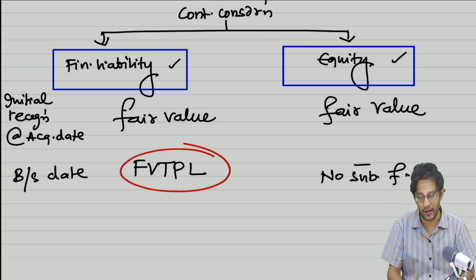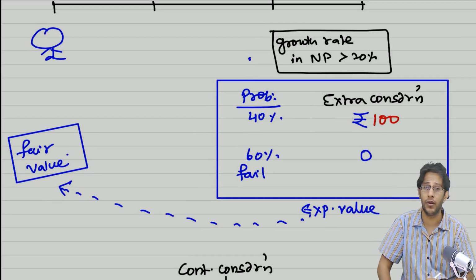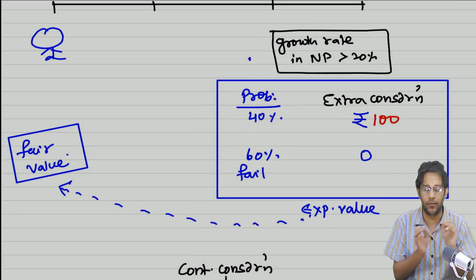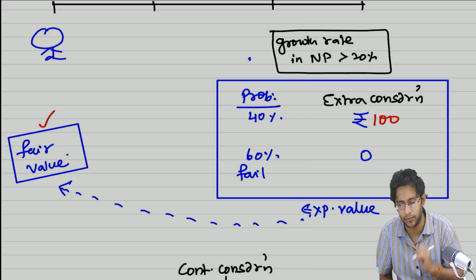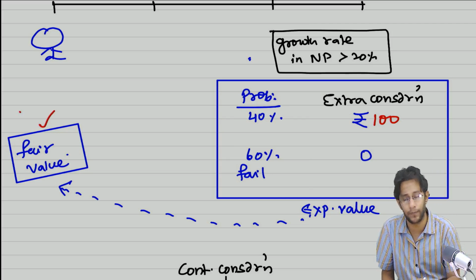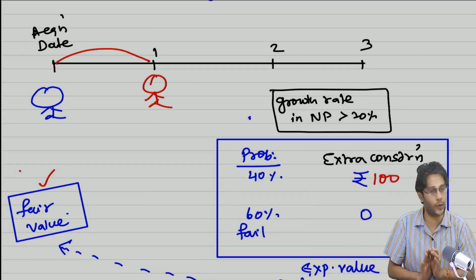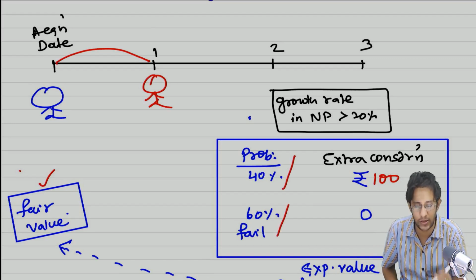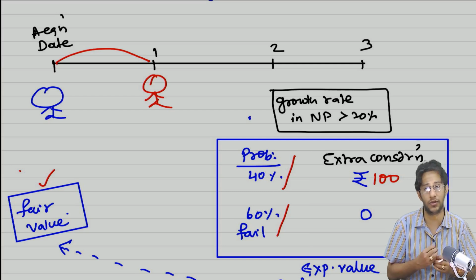That means what, sir? Suppose you promise to pay 100 lakh rupees. 100 lakhs into 40% plus 0 into 60%, expected value discounted to today, some number will come. This will be your liability today. After 1 year, one balance sheet date, now we are standing here. When you are standing after 1 year, your probability assessments will change, so your expected value will change.